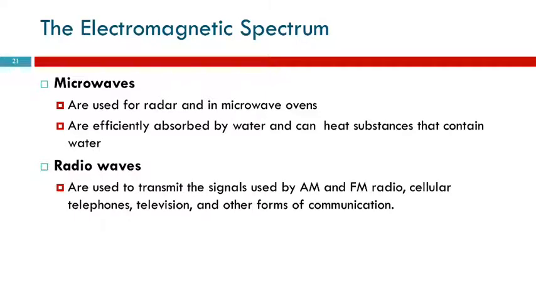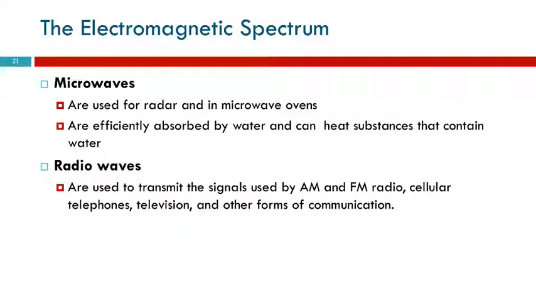Microwaves are used for radar. They're also used in microwave ovens. And you might wonder, well, if microwaves are lower in energy than visible light, how do they make my food so hot? The reason microwaves work is that they have a particular frequency that is well absorbed by water molecules.